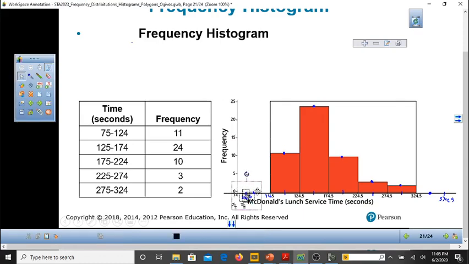I created a class before the first class and a class after the last class, both of which would be empty. And the reason I do that is when I'm now drawing my frequency polygon, it must start on the x-axis and it must end on the x-axis. So I need a class before the first class that is empty, and a class after the last class, and those classes must be empty.